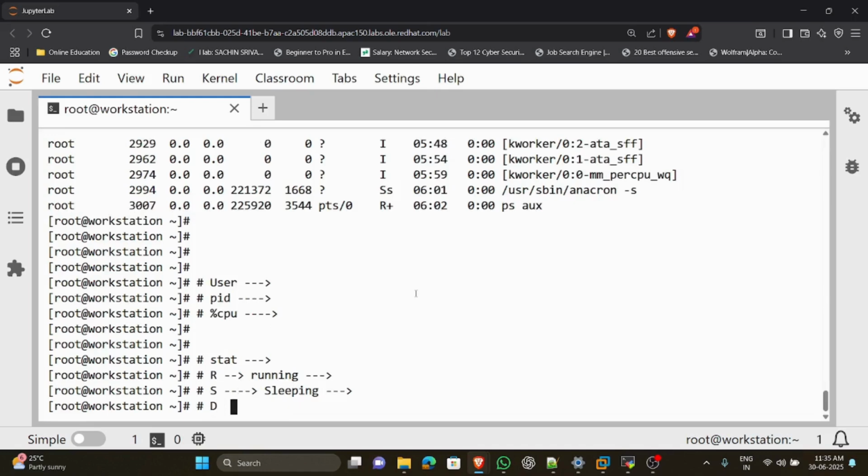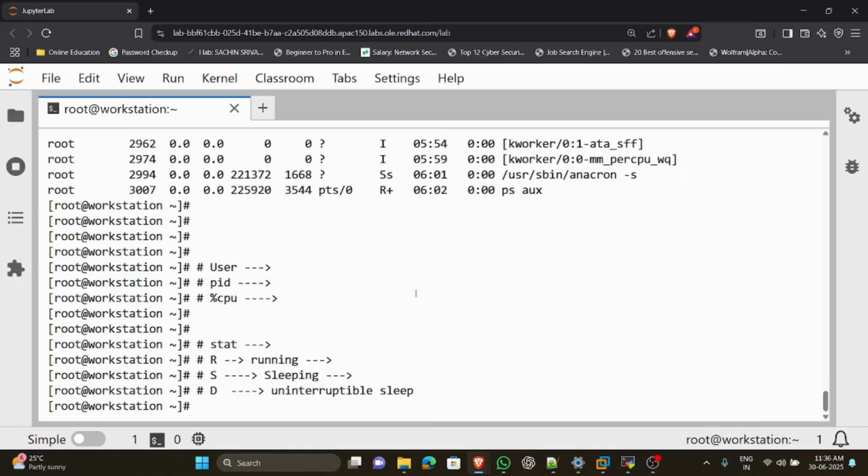Then capital D, D for uninterruptible sleep, waiting for IO. Then there is capital Z, Z for zombie, zombie process.